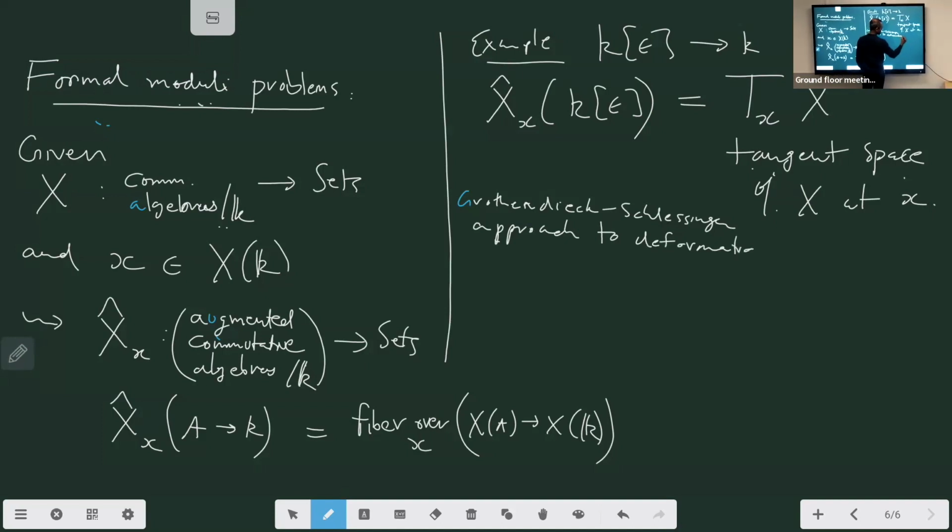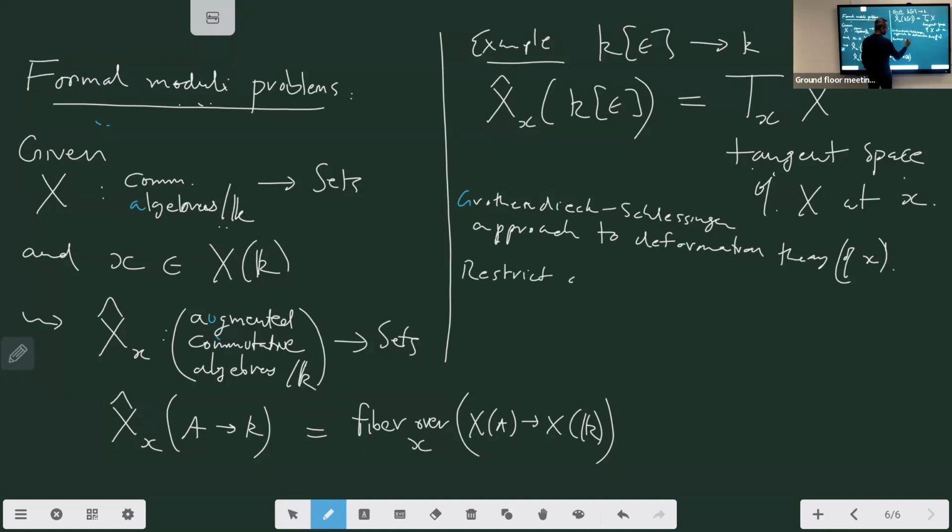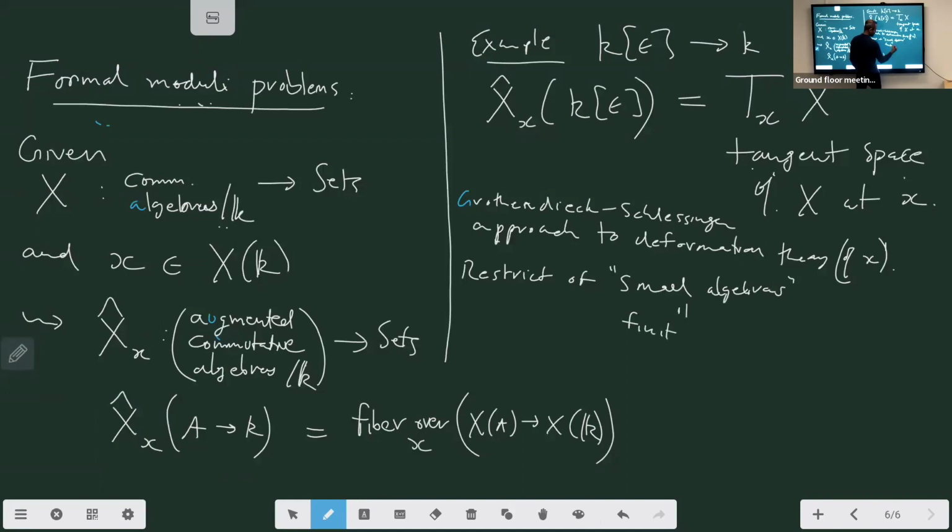In this case, what am I deforming? I'm deforming X. You restrict to Artinian, so small algebras, where by small I mean the following: finite dimensional over K with unique maximal ideal, which is the kernel of A mapping to K. Okay?